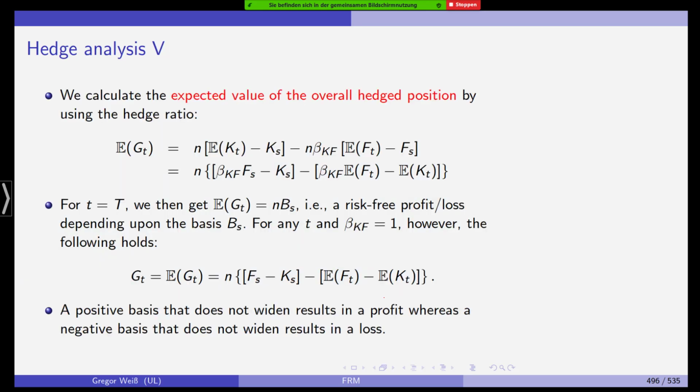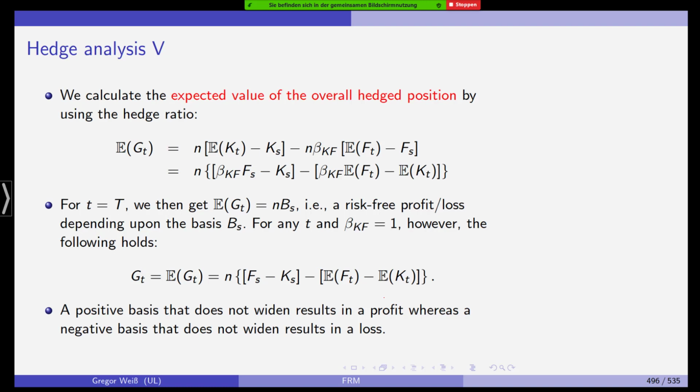Okay, now let's calculate the expected value of the overall hedged position, again by using the hedge ratio. The expected profit or loss is given by n times the expected spot price minus the paid spot price, minus n times the adjustment factor times the difference between the expected and initial futures price.